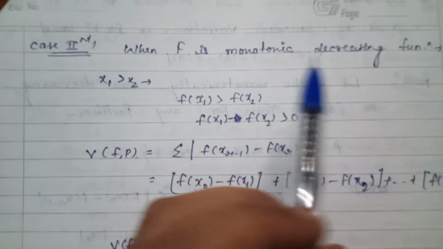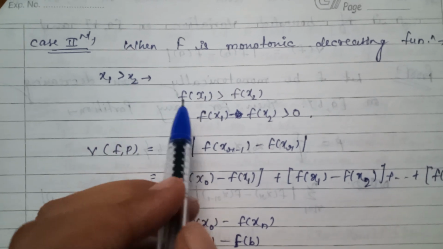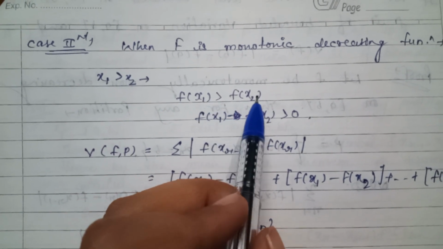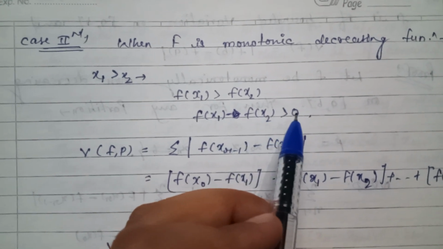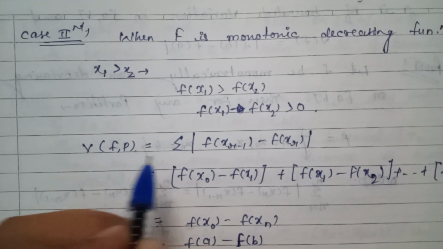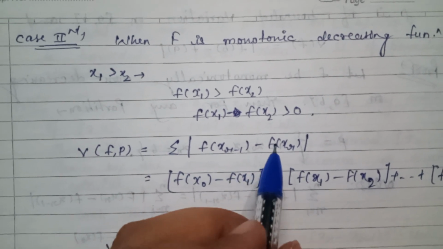Now, case second. When f is a monotonic decreasing function, x1 is greater than x2. So f(x1) is greater than f(x2), or it can be written as f(x1) − f(x2) is greater than 0. So V(f, P) = summation of |f(x_{r−1}) − f(x_r)|.